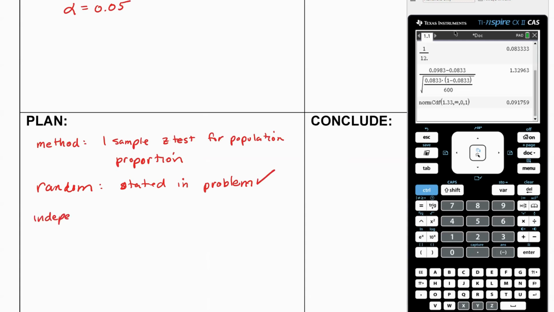Independent. Now I don't know that n, which is 150, is less than or equal to 1/10 of the population size.